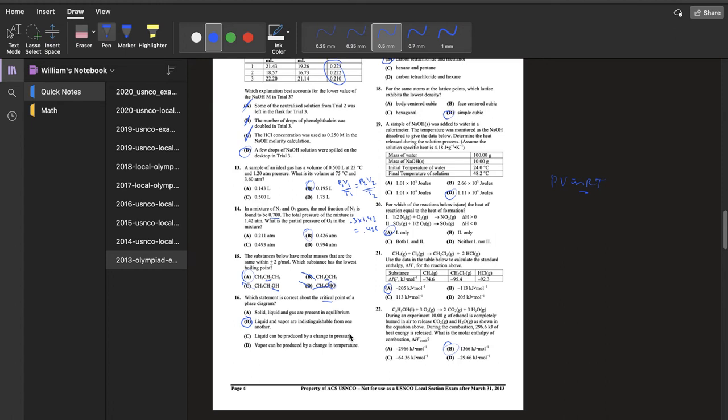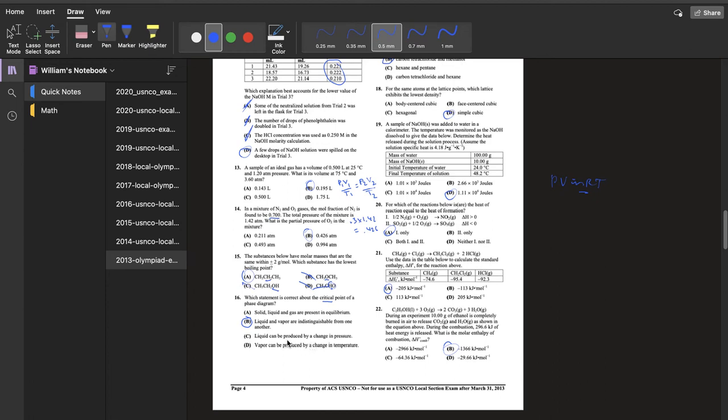Critical point is when, if you go above that temperature, you can't distinguish a liquid from a gas. Basically, their densities are going to be the same, and you don't know which is which, so you just call it a supercritical fluid, I think. I'm not exactly sure what the term is, but they're indistinguishable, and that's what B describes. A describes a triple point. Liquid can be produced by changing pressure.